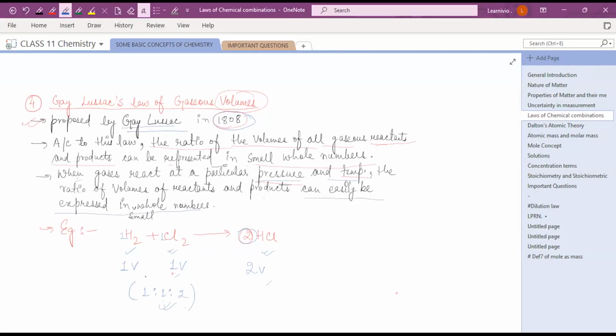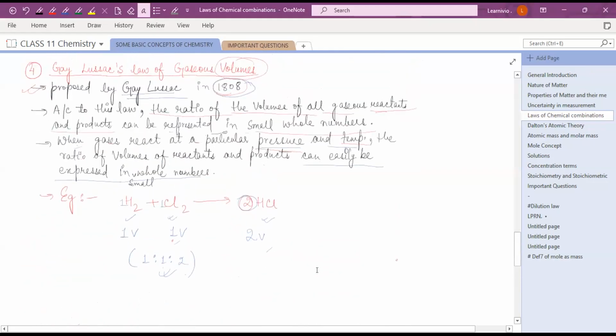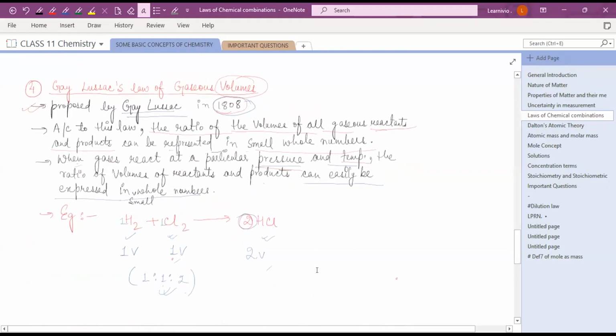Clear or not? Both of you? Yes, ma'am. Okay, let's see the next law. Take a screenshot. Ma'am, can you show the law before this?